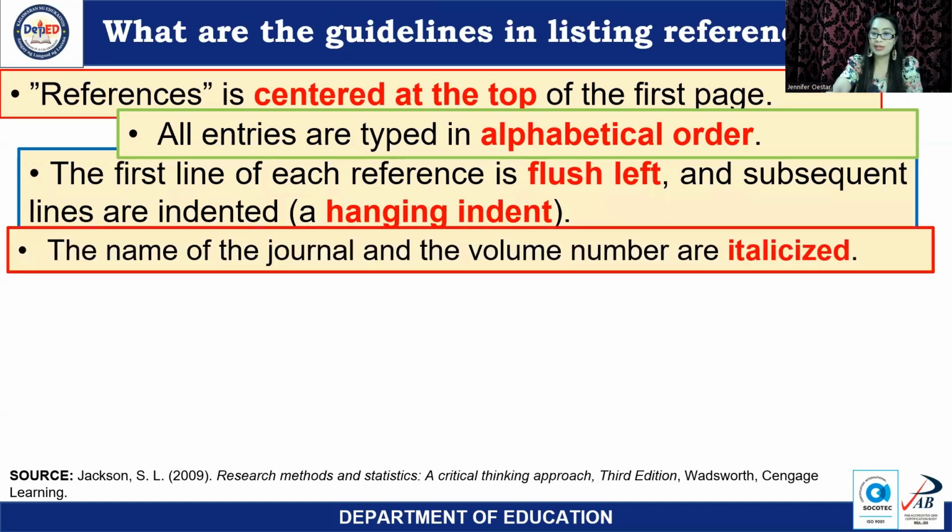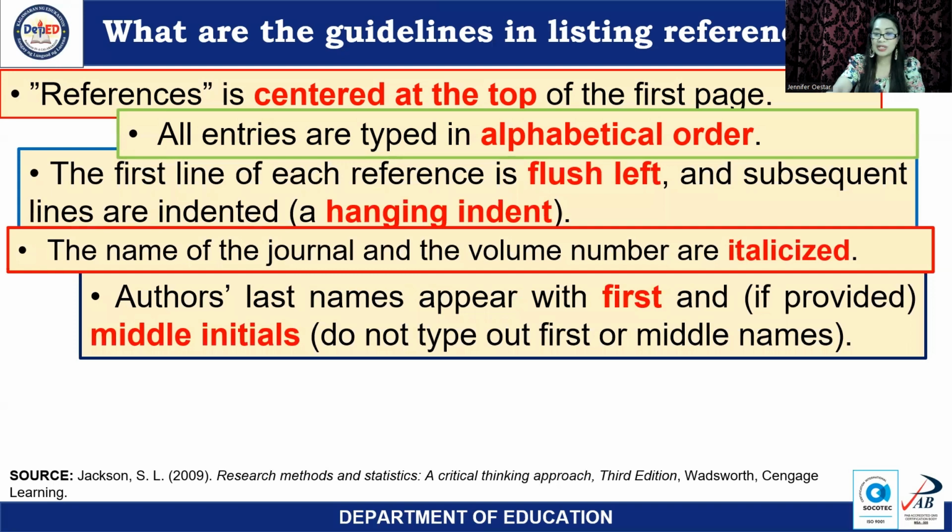The name of the journal and the volume number are italicized. An author's last name appears with first and, if provided, middle initials. And a general guide, do not type out first or middle names. So for example, Os star, comma, J period, M period.